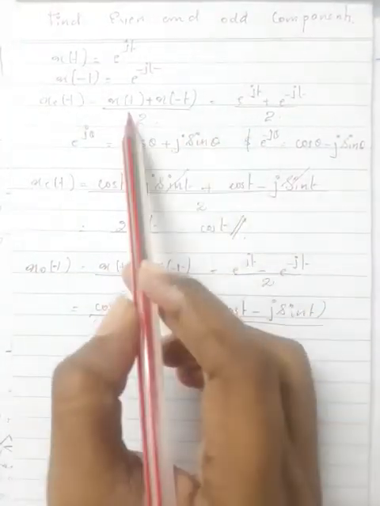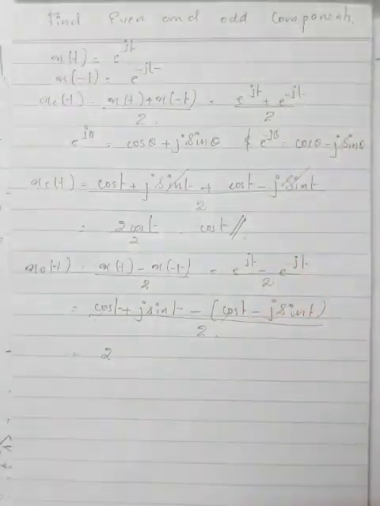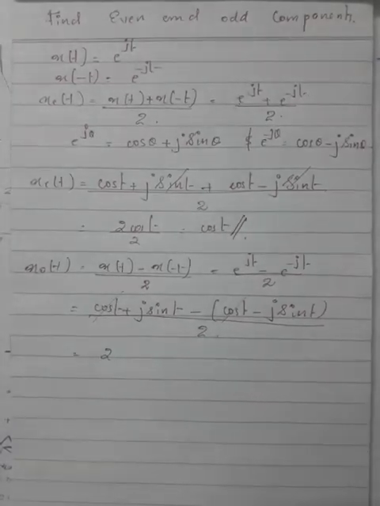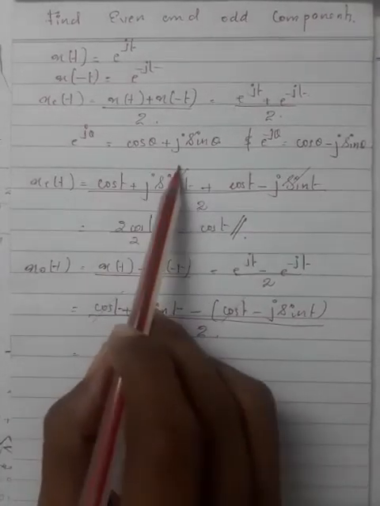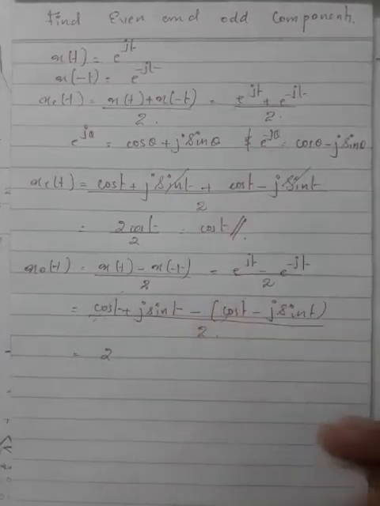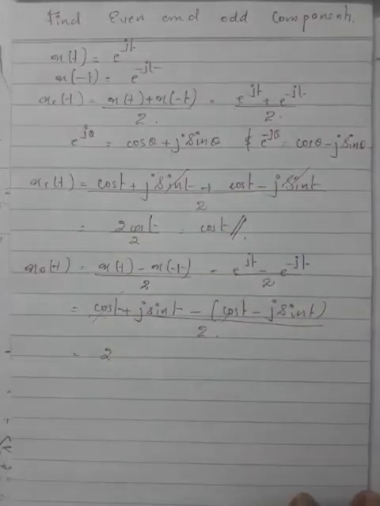Then e raised to jt plus e raised to minus jt by 2. Now we know that e raised to j theta is equal to cos theta plus j sin theta and e raised to minus j theta is equal to cos theta minus j sin theta.